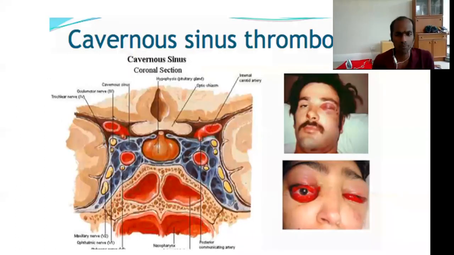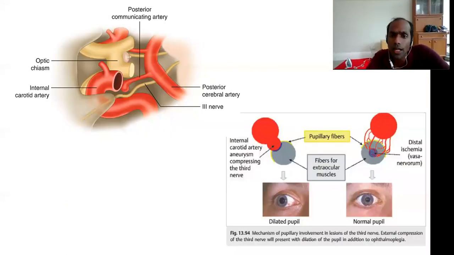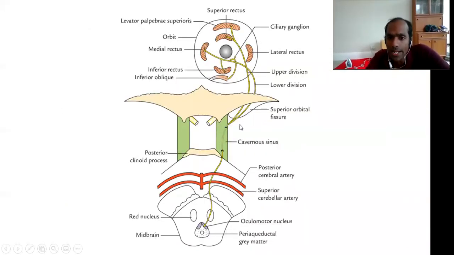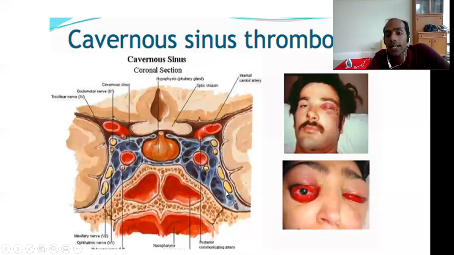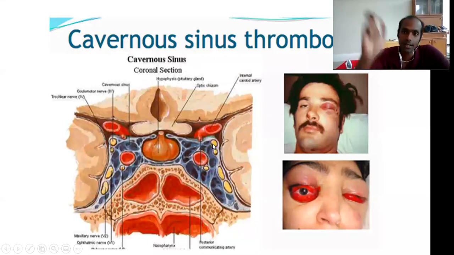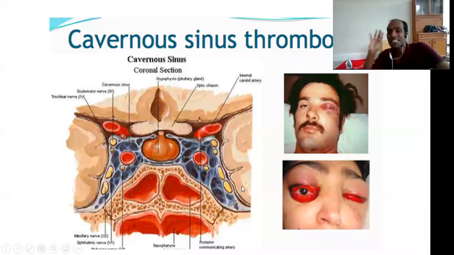Then the third nerve travels into the cavernous sinus. You can see this area there, which is the cavernous sinus. In the cavernous sinus, 3, 4, 6, and the first and second divisions of the trigeminal nerve travel in close proximity.